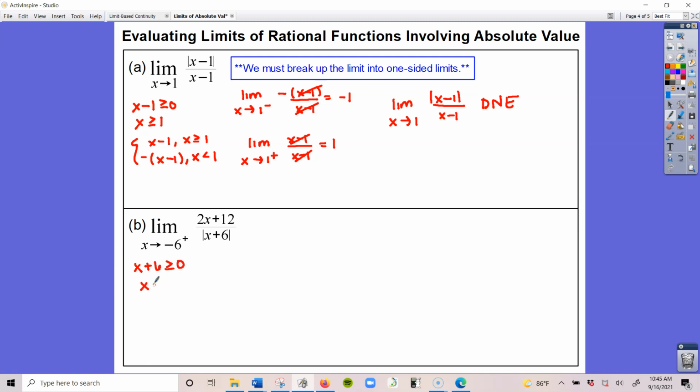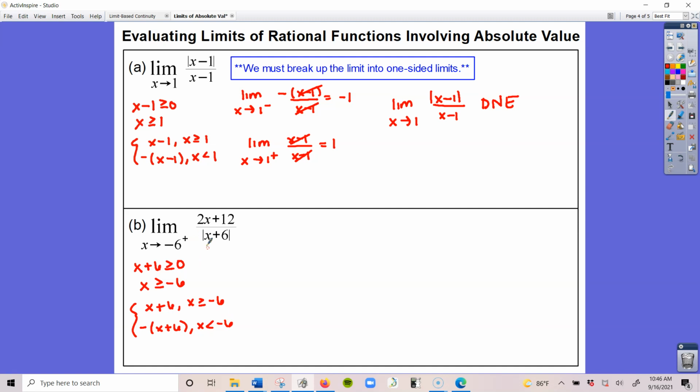Subtract the 6, and we get x is greater than or equal to negative 6. So my pieces: the first one is x plus 6 for when x is greater than or equal to negative 6, and then the bottom would be negative x plus 6 for when x is less than negative 6.